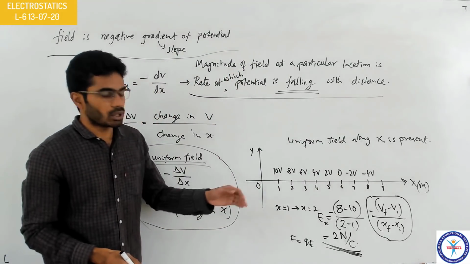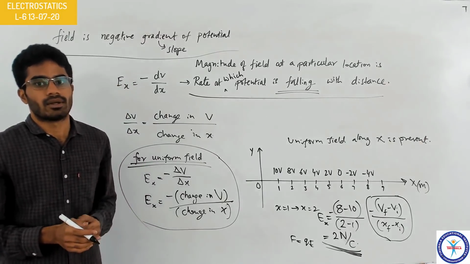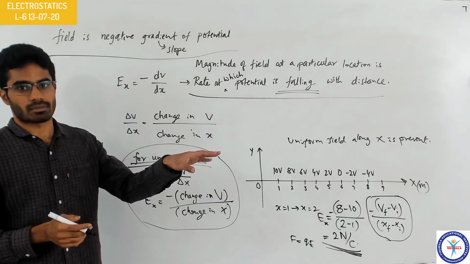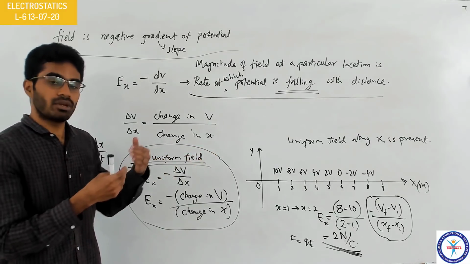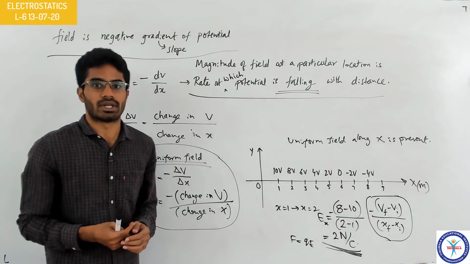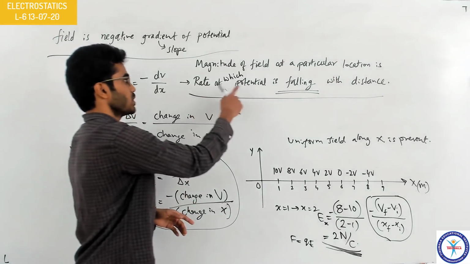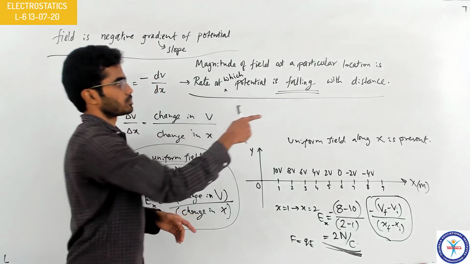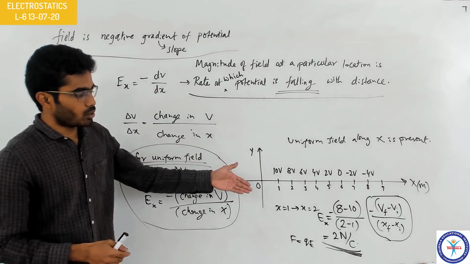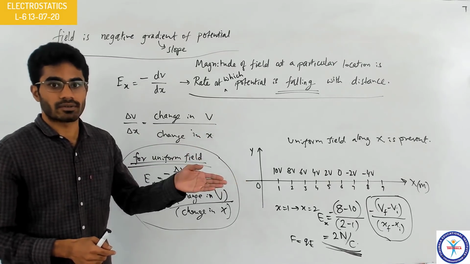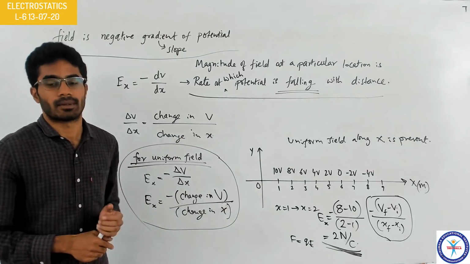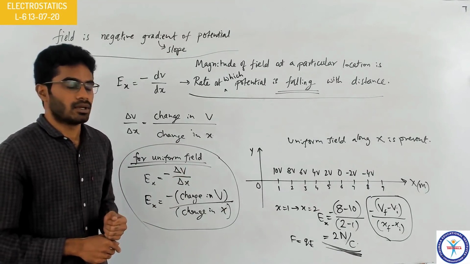If it is 2 newton per coulomb, that means 2 units of electric field strength in a particular direction. Now you should understand, for every 1 unit, potential drops by 2 units, right? The rate at which potential is falling with distance. So if the electric field you obtain in the x direction is positive, that means in that particular direction potential is actually decreasing, right? Potential decreases.